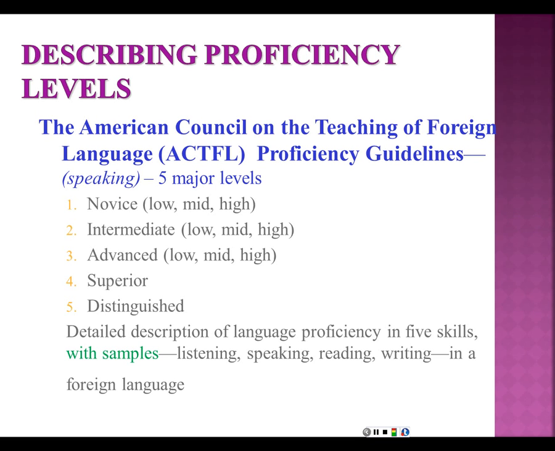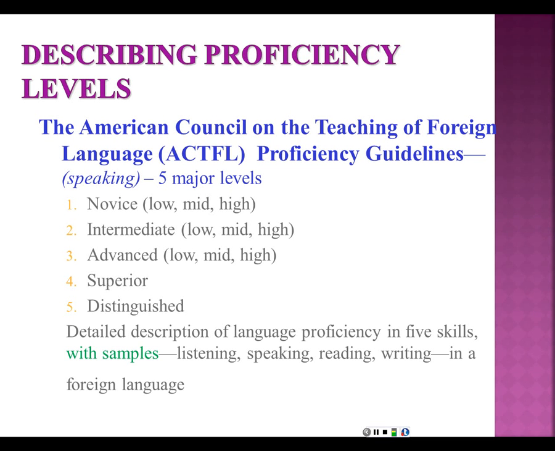It establishes 5 major levels for language learning: novice, and that is on a continuum from low to mid to high; intermediate, again on a continuum, as well as advanced on a continuum; and then superior and distinguished. So in total there are quite a few levels here, 5 major ones, but in addition there are these continuums. I'm not sure what the plural is.